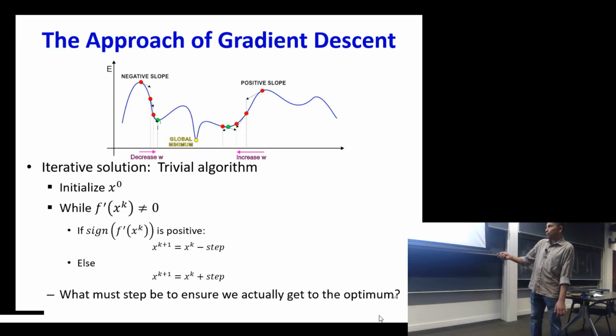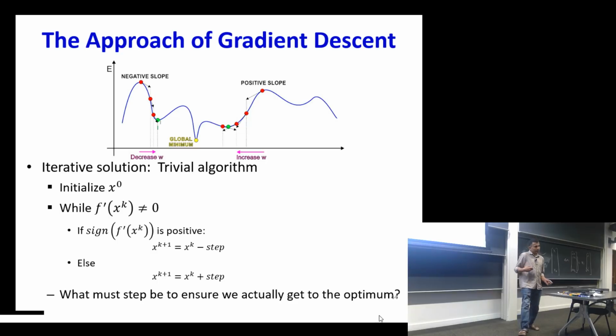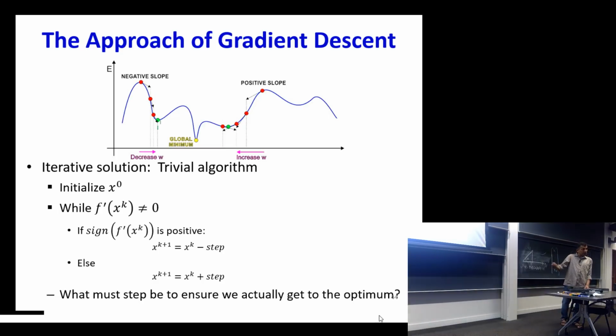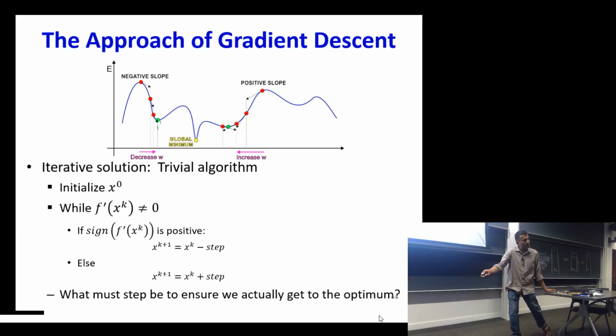And at that point, I can check the sign of the derivative. If it's positive, I take a step backwards. If it's negative, I take a step forward. So x_{k+1} is x_k minus step. The step is a positive number, so I'm going backwards. Or if this derivative is negative, then x_{k+1} is x_k plus step, where step again is a positive number.